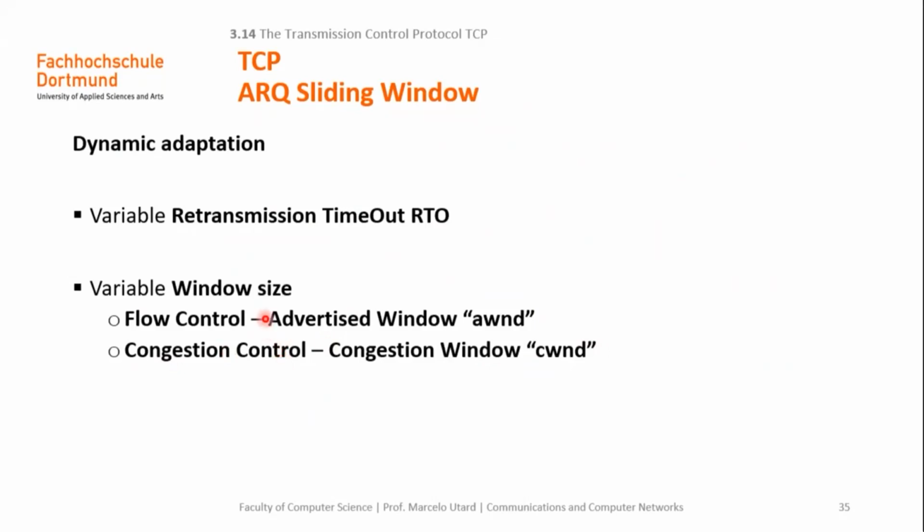And you will learn, and I will explain to you, that in fact there are two different windows, and each time the automatic repeat on query sliding window uses the lower between the window advertised by the receiver and the congestion window that is estimated by the transmitter side of the communication, of the logical connection.